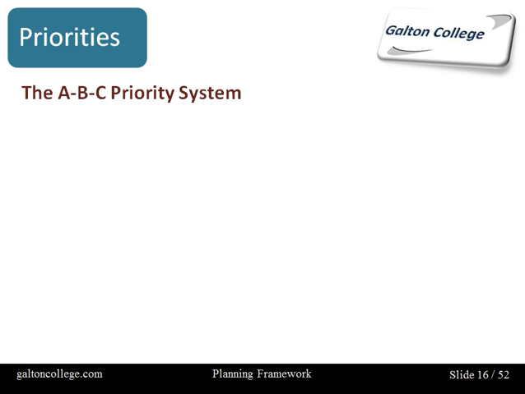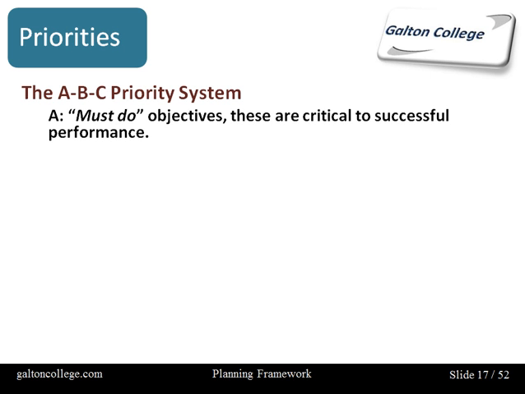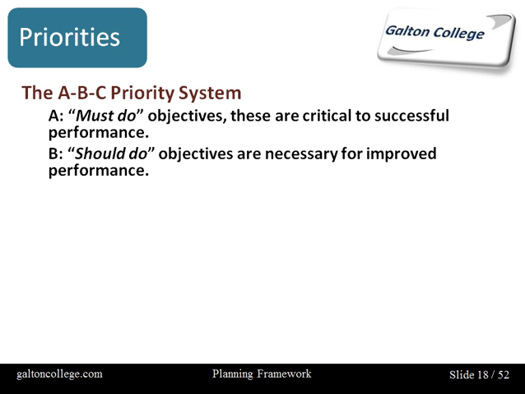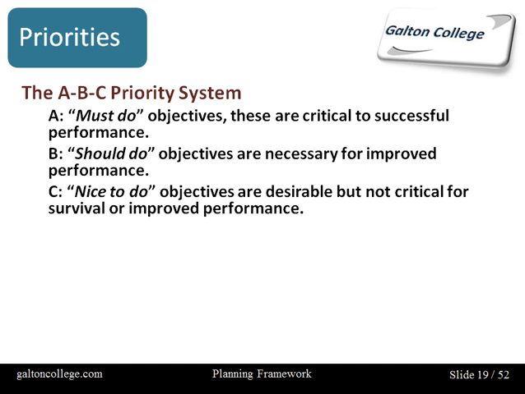There's something called the ABC priority system. A's are must-do objectives. These are critical to success or to a successful performance. B is should do. They're necessary for improved performance, so they improve what is already there.